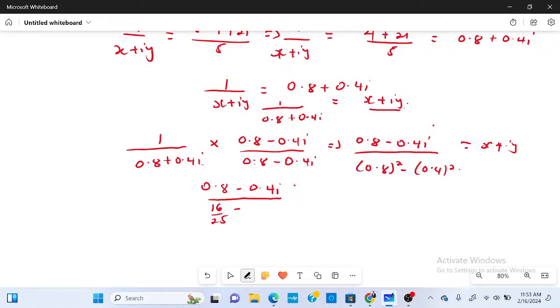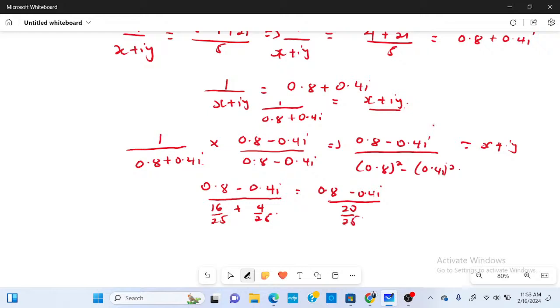So I squared is negative 1, so I'll get plus 0.4, which is 4 over 25. So this sums to give me 0.8 minus 0.4i all over 20 on 25.